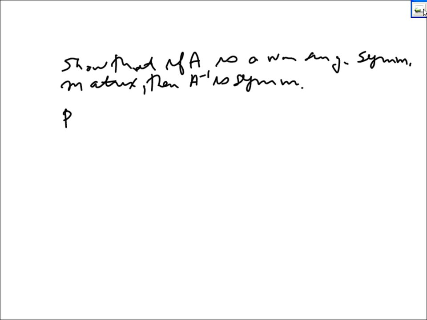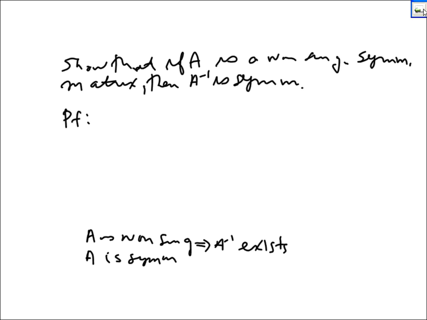So, proof. Whether you write it in the proof or on the side, you should write down what things mean. A is given to be non-singular, which implies A inverse exists. And A is symmetric, which implies A is equal to A transpose.